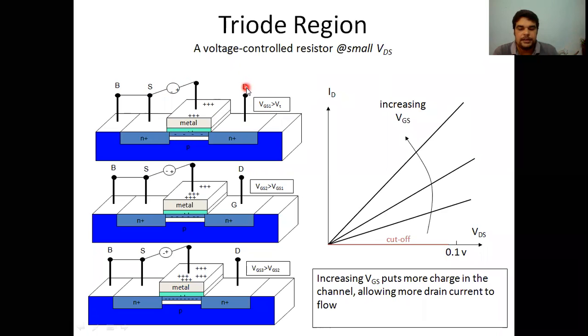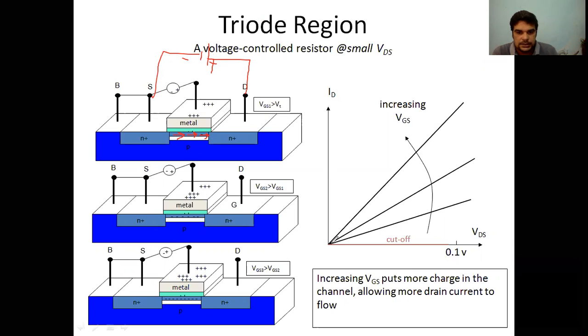Okay, so if we apply a small positive VDS here, which is obviously a small value, these electrons will start to move from here to here, and so a drain current will start to flow.